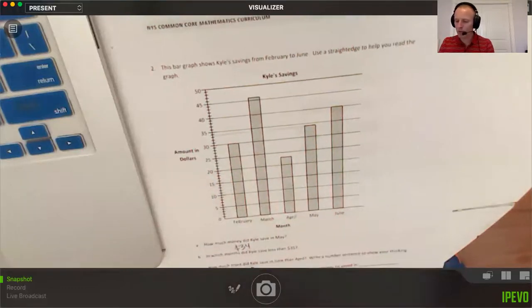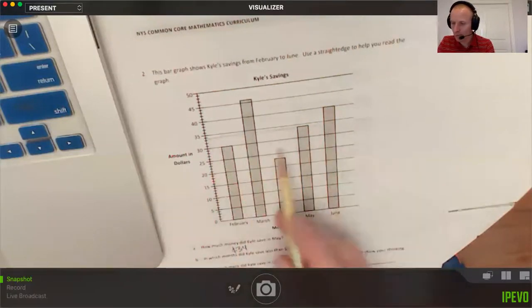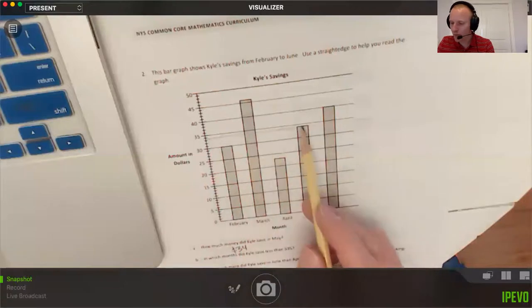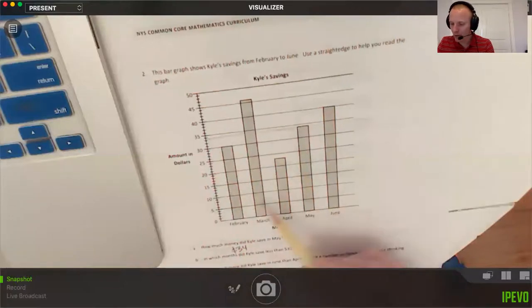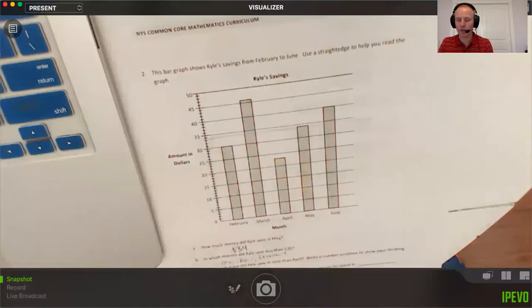In which months did Kyle save less than $35? So 35, again, I'll draw that line straight across right there. So May, April, and February are the months he saved less than $35, because they're the ones that are below this 35 line.